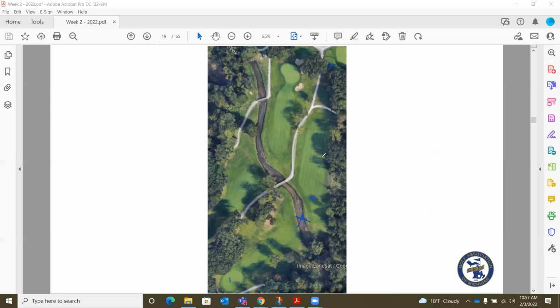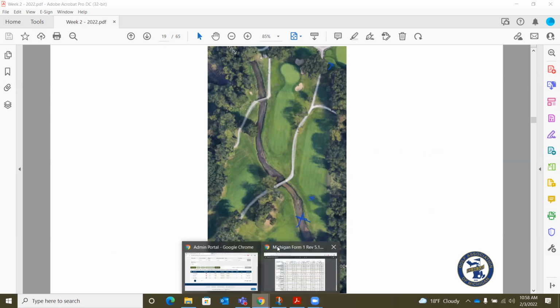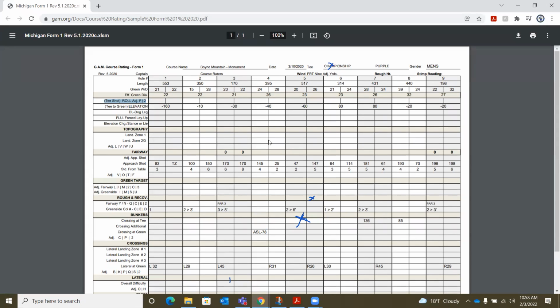So we've got our point, and then now we're just going to figure out how far we are from the middle of the green. And then we're going to make our adjustments on our form 1. So when we go to the form 1, let's do this on hole 4, just so we have an open column here.